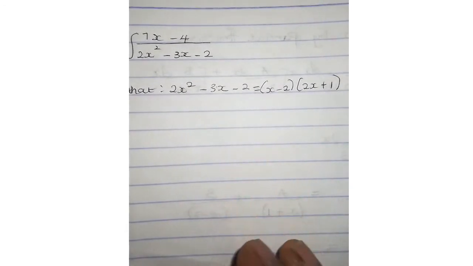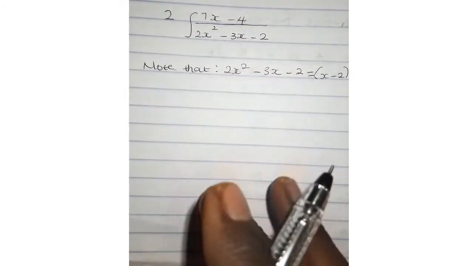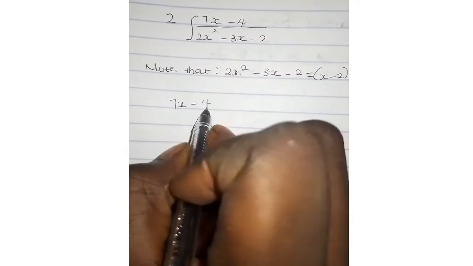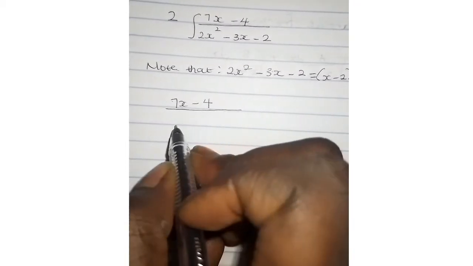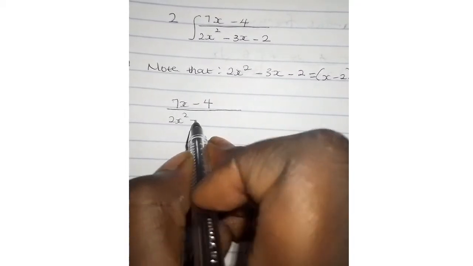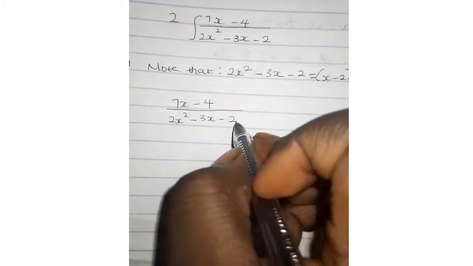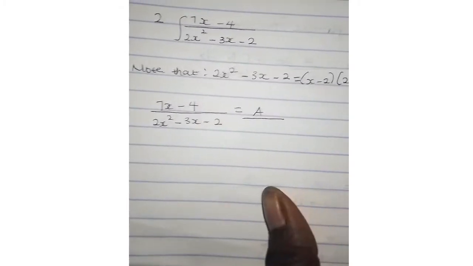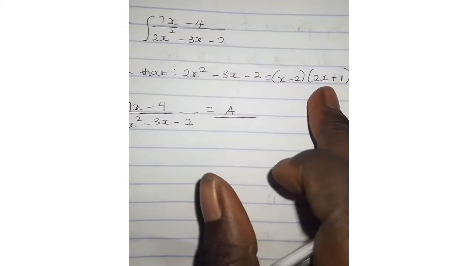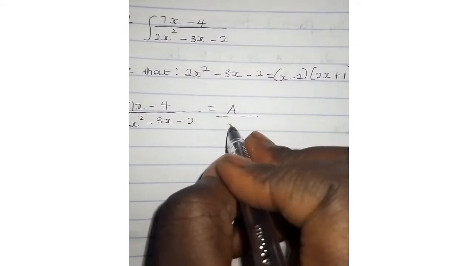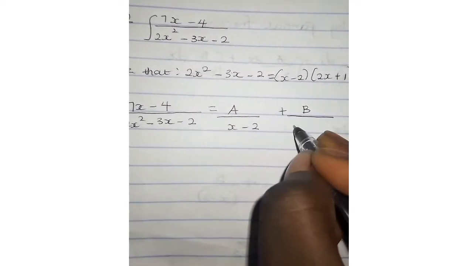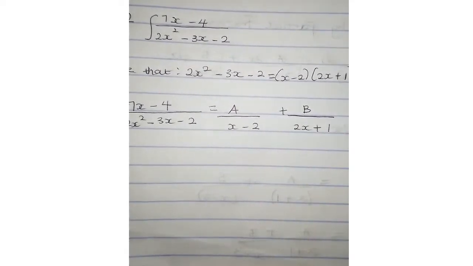So when we put it into this equation, we have (7x minus 4) over (2x squared minus 3x minus 2) equal to, knowing that this can also be factorized into this, a over (x minus 2) plus b over (2x plus 1).